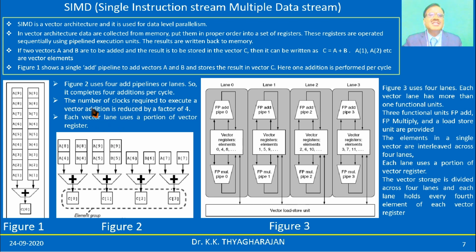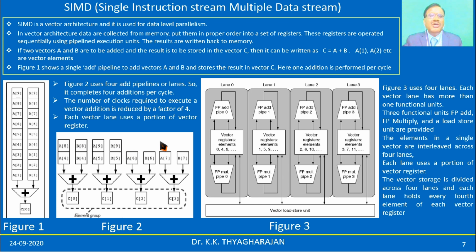After that, the next elements A5 and B5 will be placed in the next lane. Then A6 and B6 will be in the 3rd lane, then A7 and B7 will be in the 4th lane. After that, A8 will go to the 1st lane.